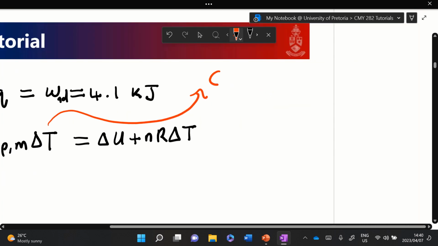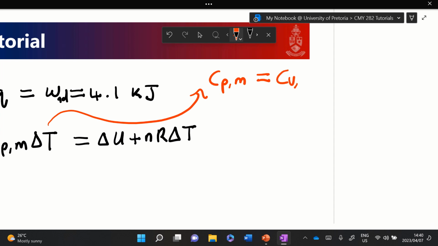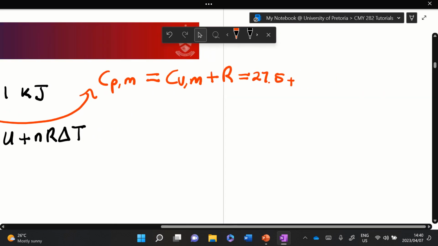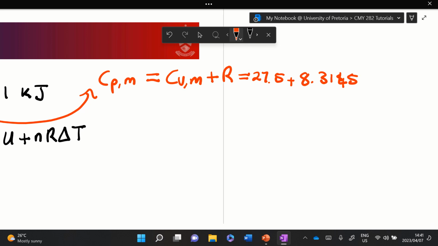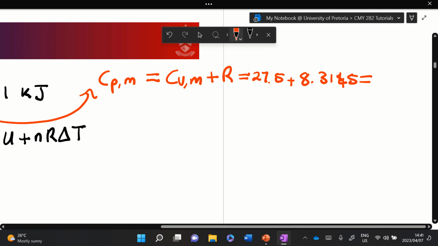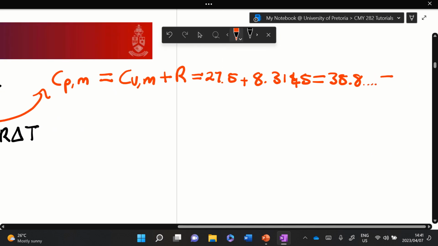So what is CPM? CPM is equal to CVM plus R, which is then equal to 27.5 plus 8.31145, roughly equal to 35.8 something joule per Kelvin per mole.